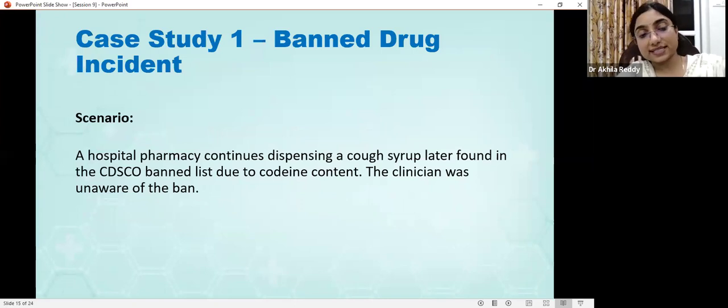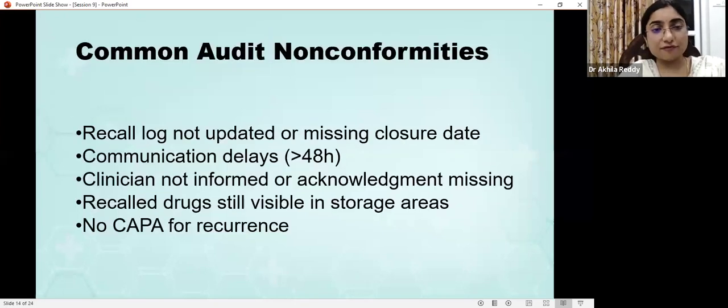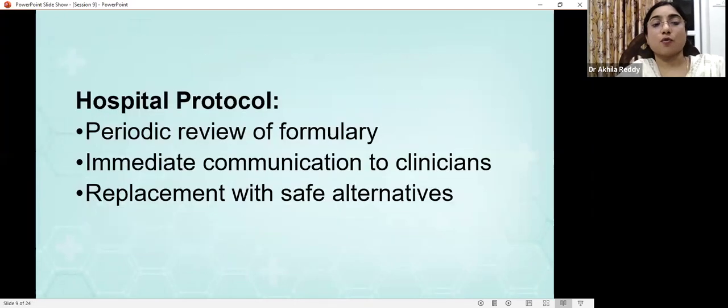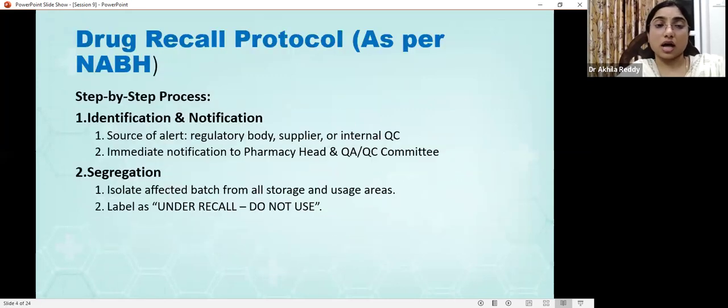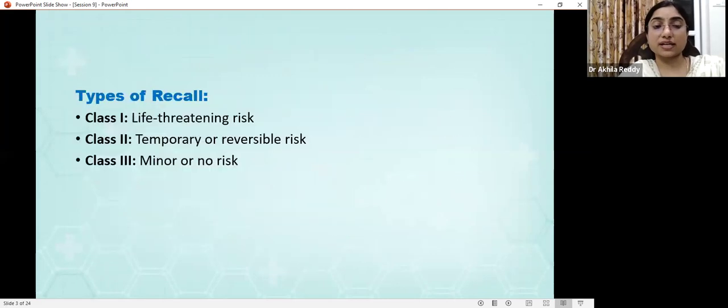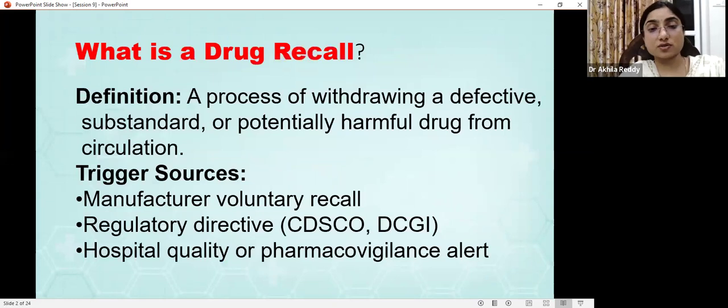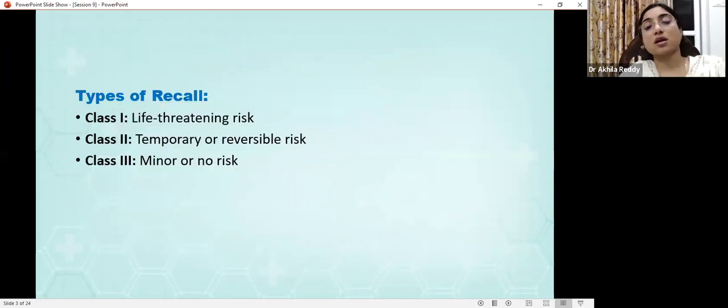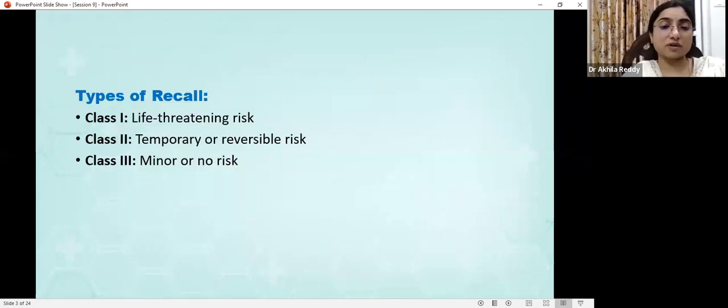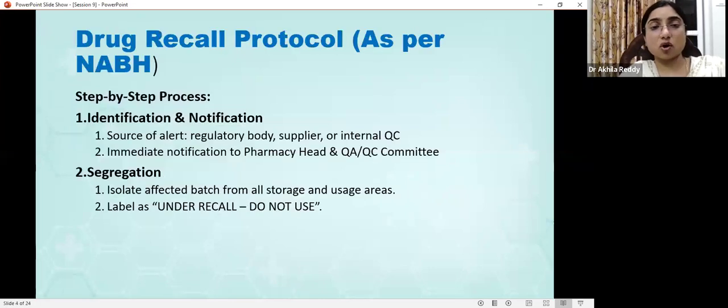So let's go for the case study. Till now, we have seen what drug recall is, the types of drug recall, the resources to go through for a drug recall, how the hospital formulary will work on it and how we are supposed to update it, what the PV center is and when it gets an alert, and the drug recall protocol, with step-by-step actions to be followed as per NABH.